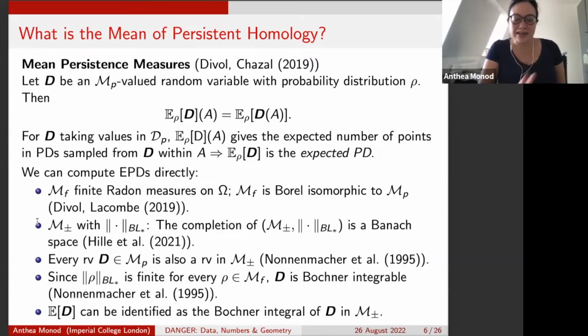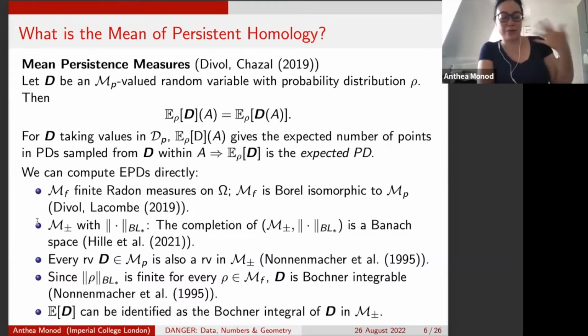But there is a nice technology behind all of this, which relies on theories of random measures and Bochner integrals, which bypasses the problems of computing these means that we saw in the case of the Frechet means, right?